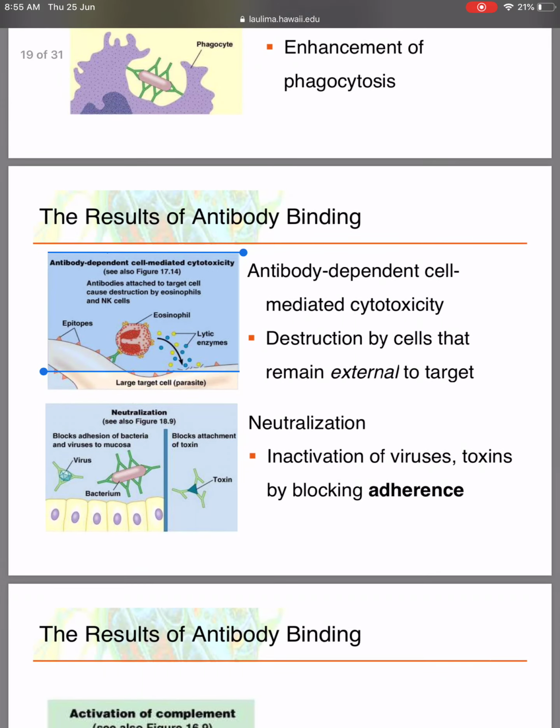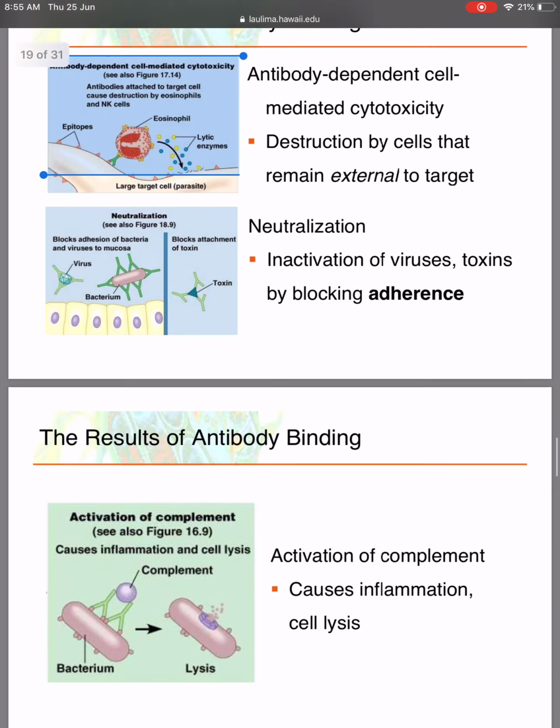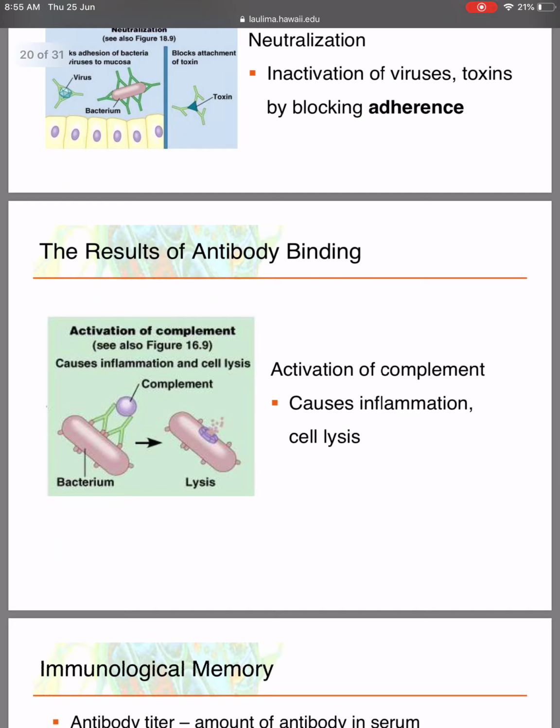Next, neutralization. Here it is very clear. They bind all the epitopes and mask all the epitopes, so that the antigen does not have any determinant exposed outside. Everything is completely blocked, and likewise it is prevented from entering the membranes. And here, activation of the complement system.